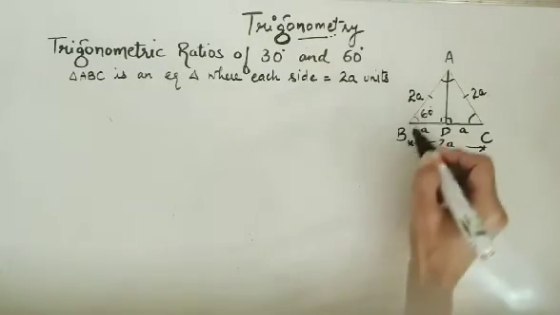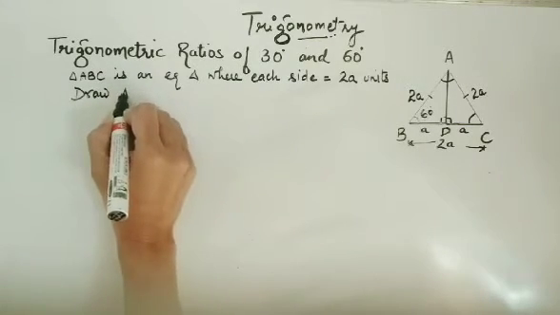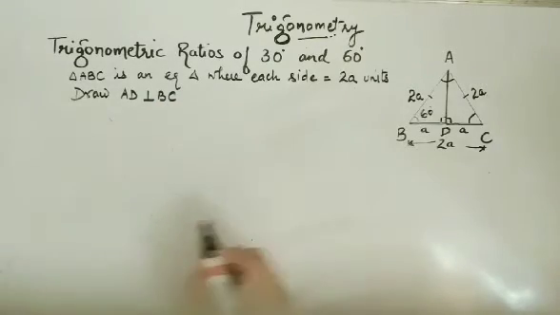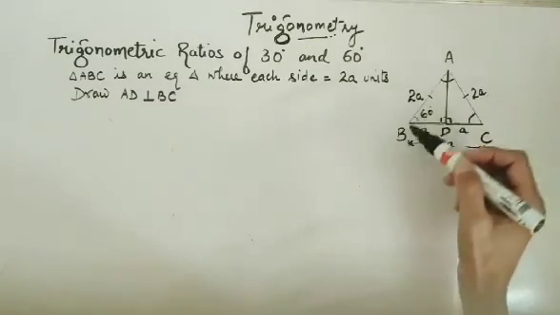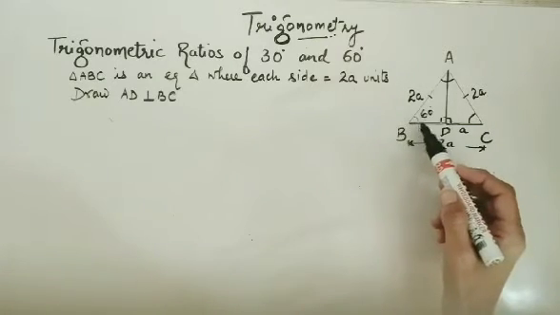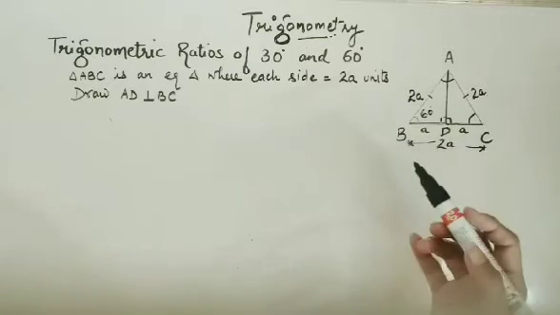Then in this triangle we have drawn AD as perpendicular to BC. Now when in any equilateral triangle perpendicular is drawn, that would actually serve as perpendicular bisector.